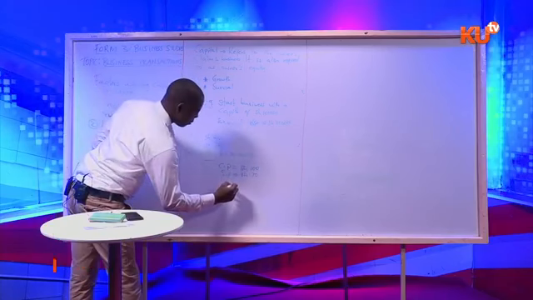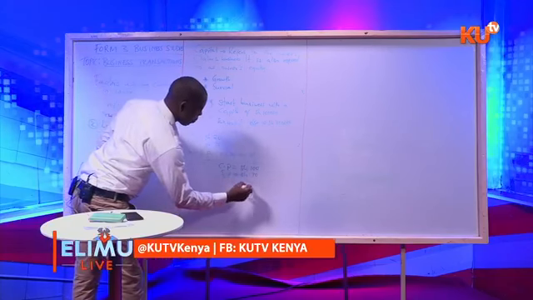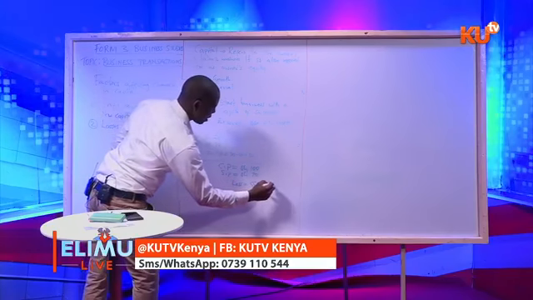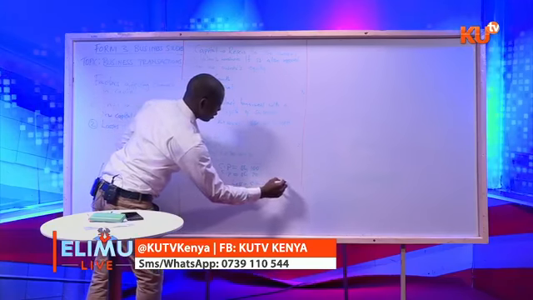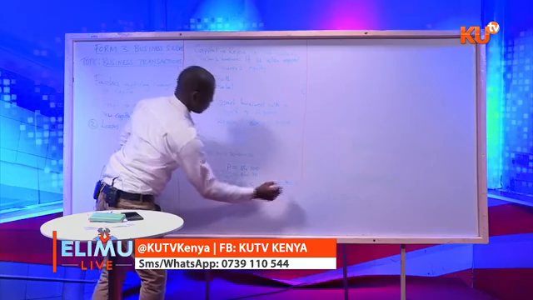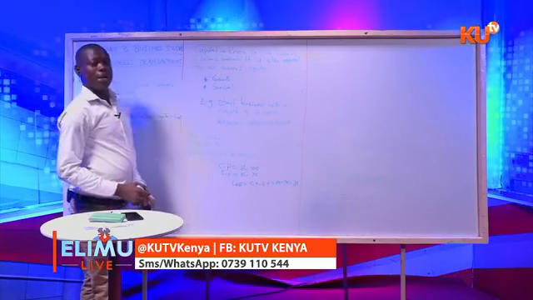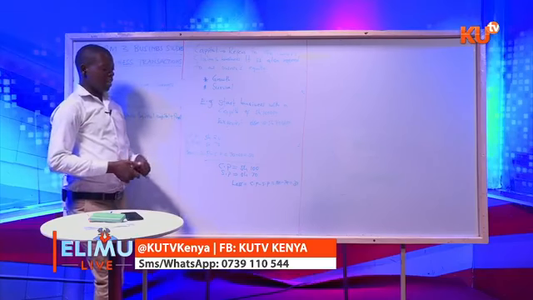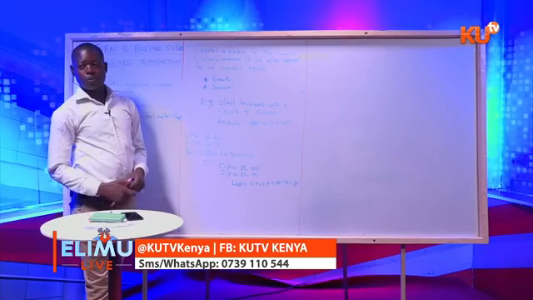So we obtain what we call loss, which is the cost price less the selling price, and that is 100 less 70, which is 30. Therefore, when the selling price is less than the cost price, students, what we attain is a loss.